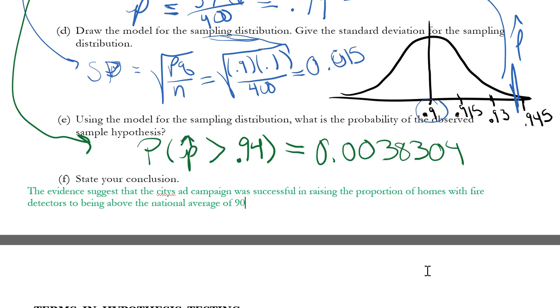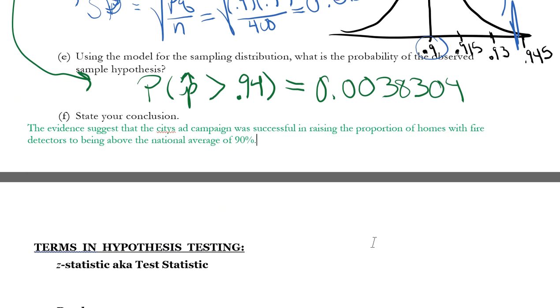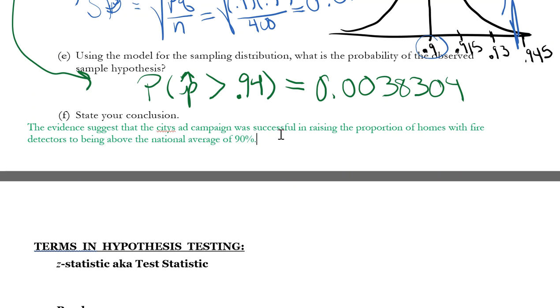So I'm saying it actually looks higher than what we've seen. So it was successful and it looks higher. So it's answering the question and saying specifically what it seems to be pointing at.